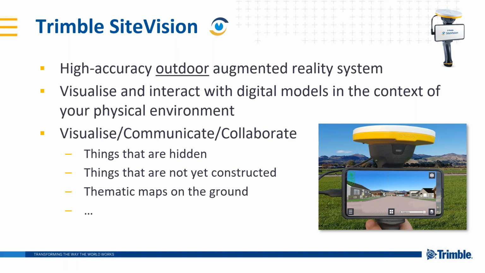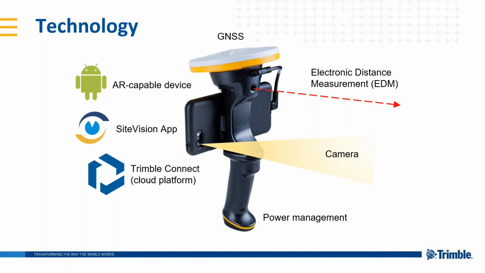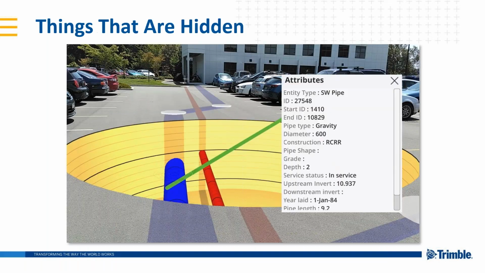So the various technologies that come together: firstly, it really relies on the AR capabilities of the Android device. But when you pair that with the high accuracy GNSS and also the electronic distance meter in the back of the device, it really becomes a powerful unit that allows you to visualize your 3D data sets in that outdoor environment. But I think pictures usually tell the best stories.